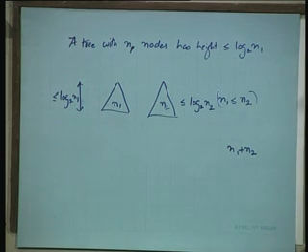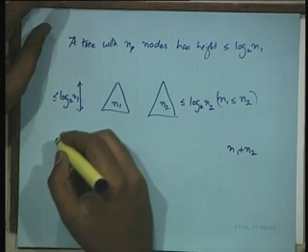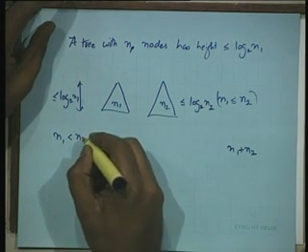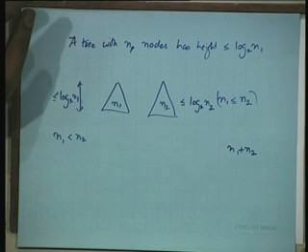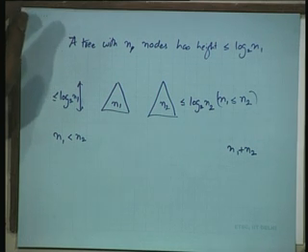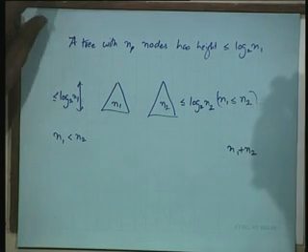So, what are the two cases? n1 strictly less than n2. What will be the height?